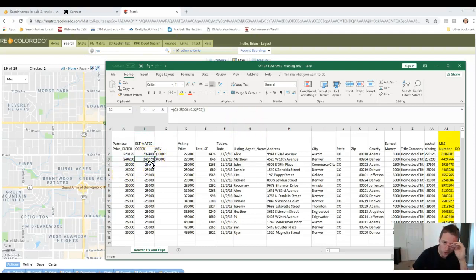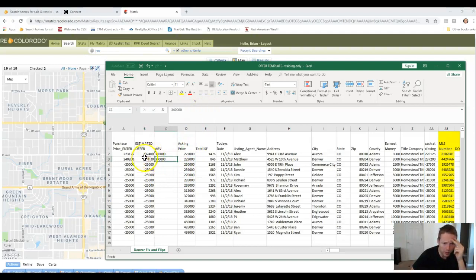So just so you know, what's happening here is that this ARV is being pumped into this formula right here. It's being dumped into here, and I've already got this formula laid out to minus $25,000 rehab, and then how much profit margin I want to make, which is this 22%. It's a number that I'm constantly changing depending on the market, but you don't need to worry about that right now.